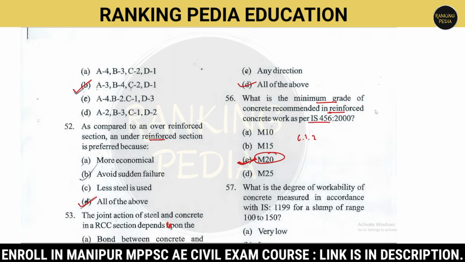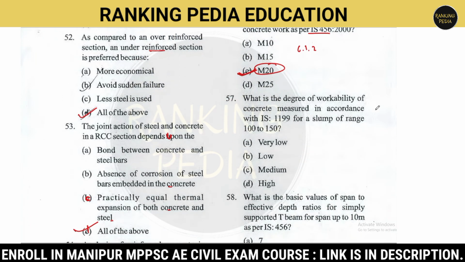Next question is, what is the degree of workability of concrete, measured in accordance with IS 1199, for a slump of range 100 to 150? According to IS 456:2000, which incorporates workability measurement standards from IS 1199, you have to remember the degree of workability and, according to that, slump in mm.